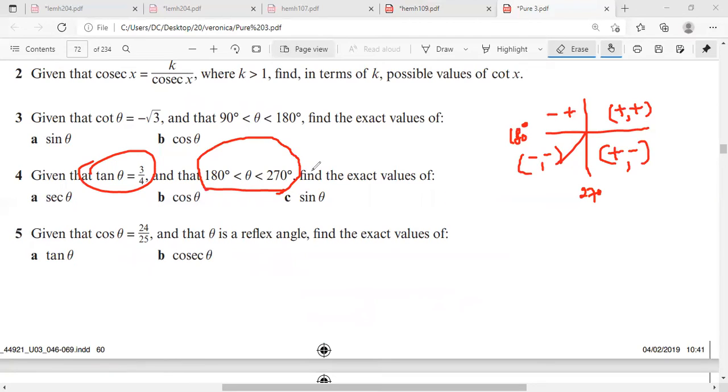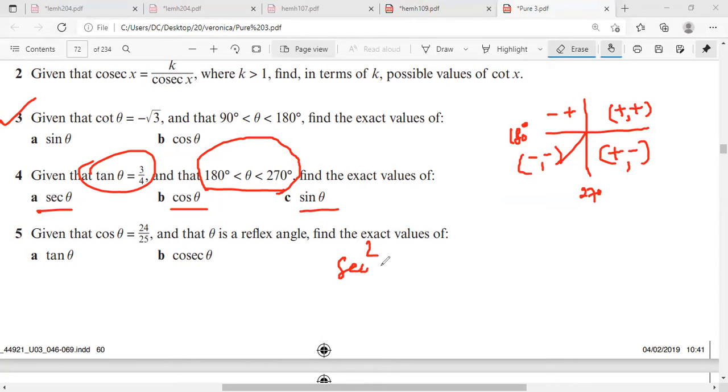That means tan should be positive, which is positive 3 by 4, and we need to find sec, cos, sine. I think we can use those trigonometric identities. You could have used the trigonometric identity in question number 3 also. I think you will get an idea how to do this question without using a calculator, using this identity.